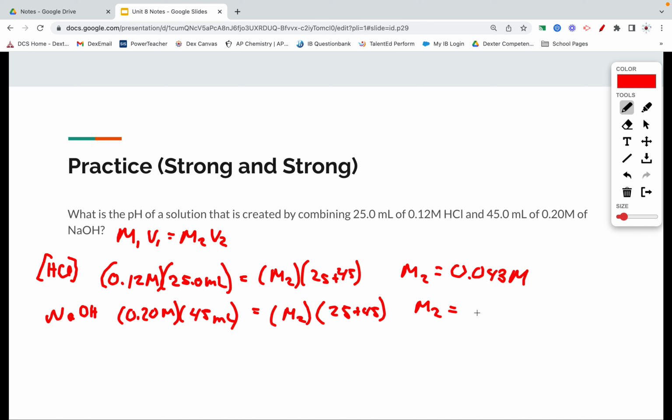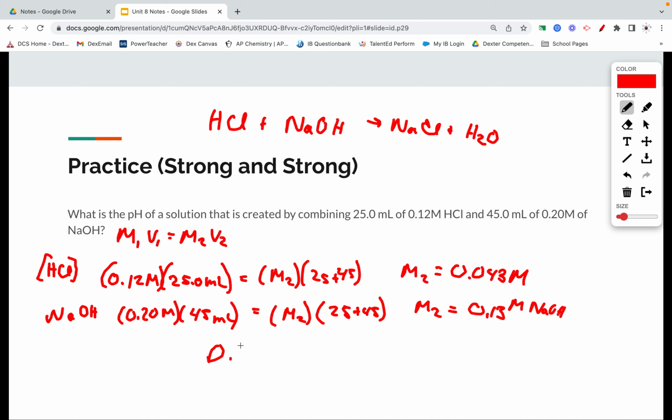Our molarity for sodium hydroxide comes out higher, and we can see without even calculating that there is a higher molarity of sodium hydroxide than hydrochloric acid, which means there are more moles. If we look at the equation of hydrochloric acid with sodium hydroxide, we know it's 1-to-1. So for every 1 molar of hydrochloric acid, we need 1 molar of sodium hydroxide. That makes it easy to see which one is in excess.